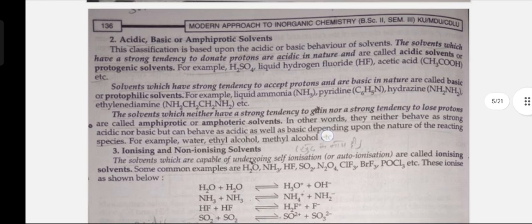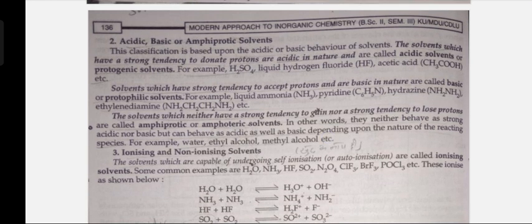The second type of non-aqueous solvents is acidic, basic, or amphiprotic solvents. The classification is based upon the acidic or basic behavior of the solvents. The solvents which have a strong tendency to donate protons are acidic in nature and are called acidic or protogenic solvents, for example sulfuric acid, liquid hydrogen fluoride, and acetic acid.